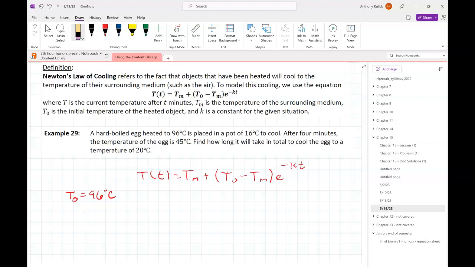If everything is in Fahrenheit or Celsius or Kelvin or whatever, as long as it's all the same, you're fine. Okay. What is the 16 degrees then? Good, because that's the water that we're going to dump the eggs into after we're done boiling them. It says after 4 minutes, the temperature of the egg is 45 degrees. What does that mean?